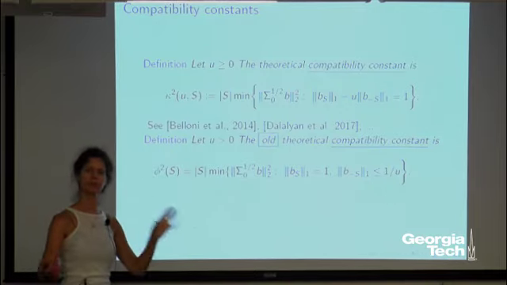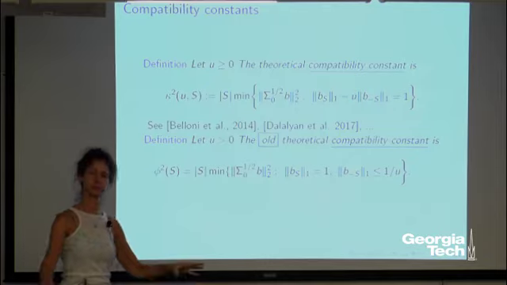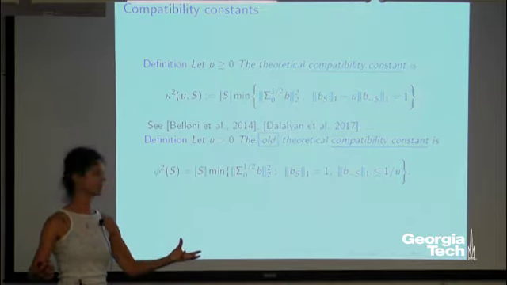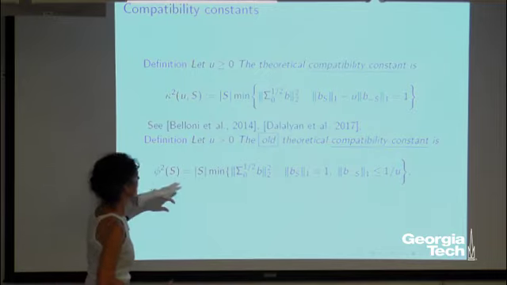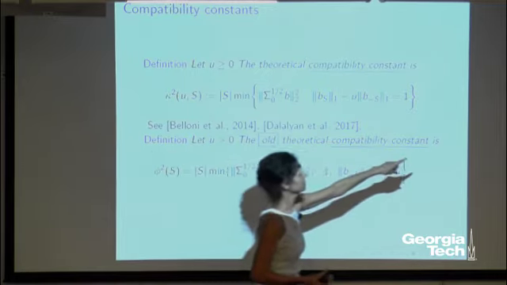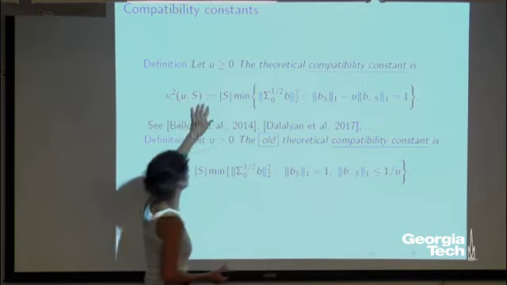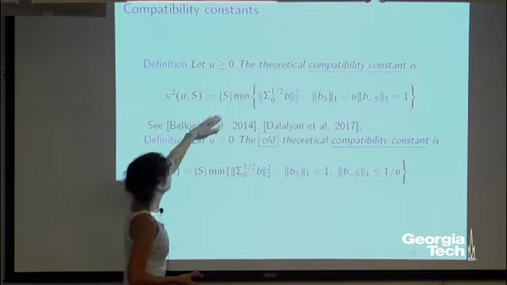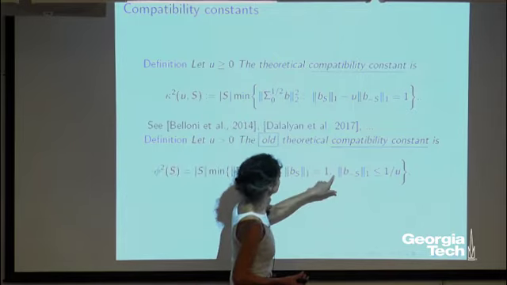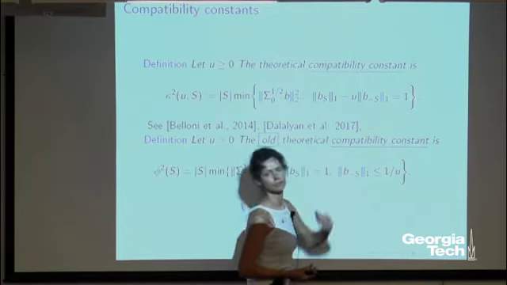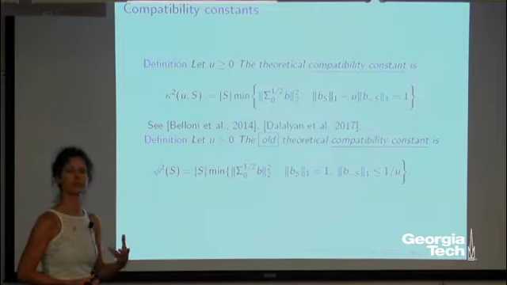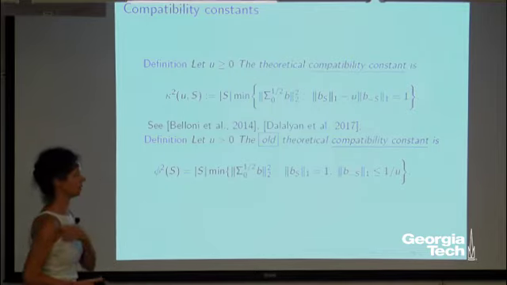You just compare linear combinations in one space with linear combinations in the other space, and then you look at how far they are from each other. And this is the new one, which I've written here, which gets even more complicated. It's like here, except that instead of this restriction, you have this restriction. And it turns out that's the real thing that plays a role in the lower bounds.